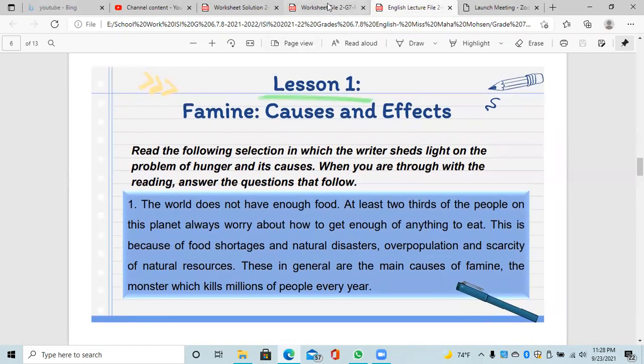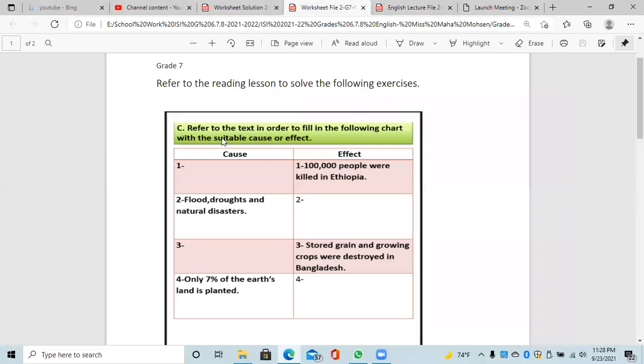Let's start with the worksheet. Here you have to refer to the text in order to fill in the following chart with a suitable cause or effect. So here you have the effect. You should find the cause or the event that caused this. What caused 100,000 people to die in Ethiopia?